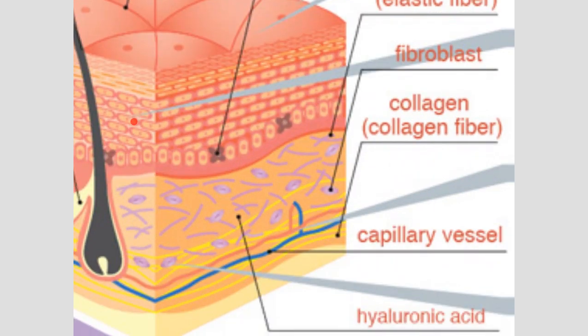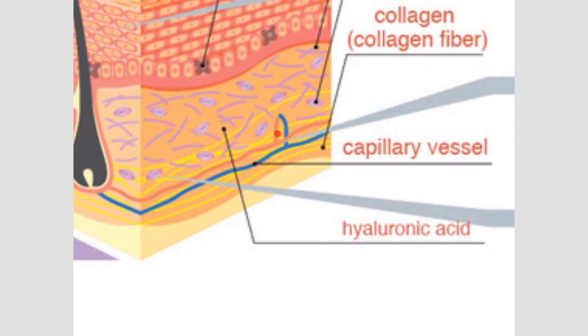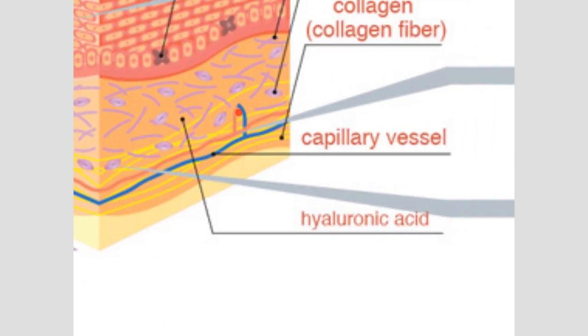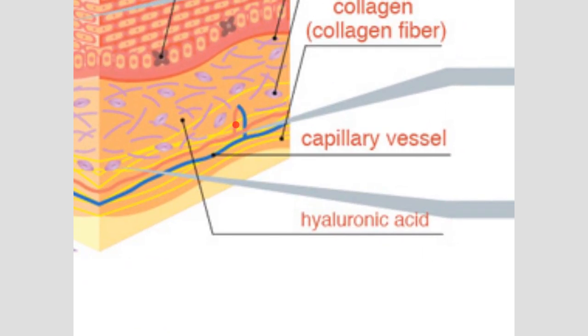On the other hand, you will see that there are specific cells like fibroblasts over here, collagen fiber, capillary vessels. What was the significance of collagen fiber as a part of the dermis? I remember I talked about it as a part of pathophysiology. What is the significance of collagen fiber in the skin as a part of the dermis?